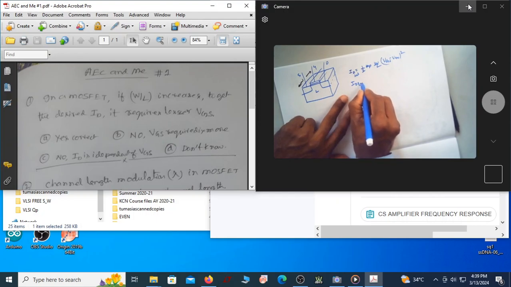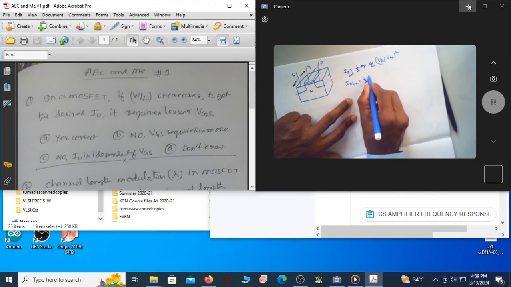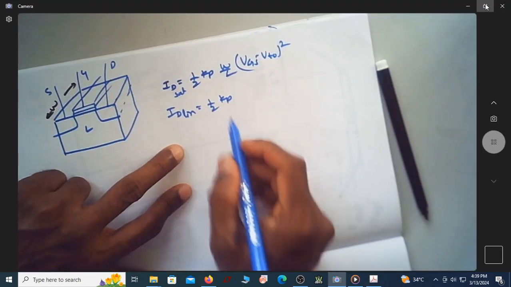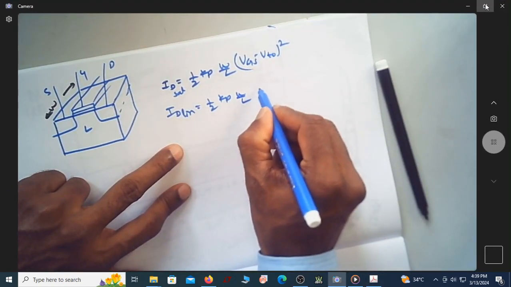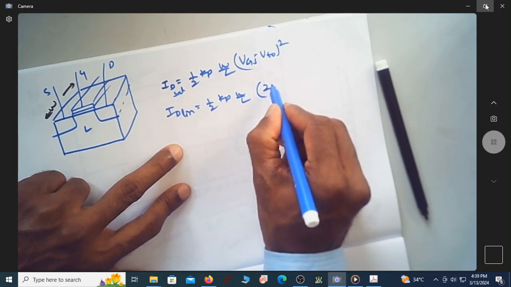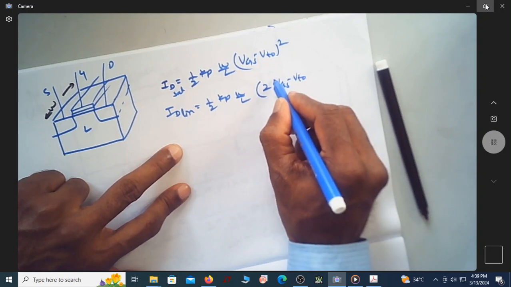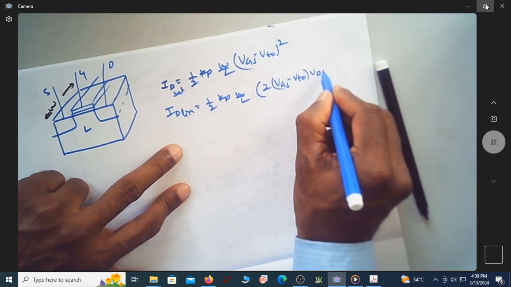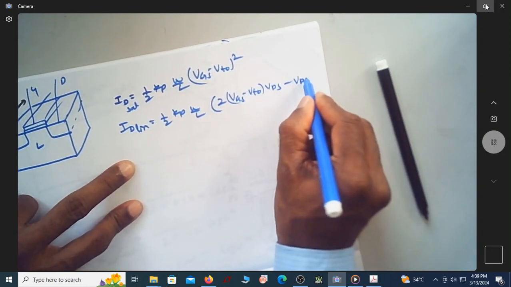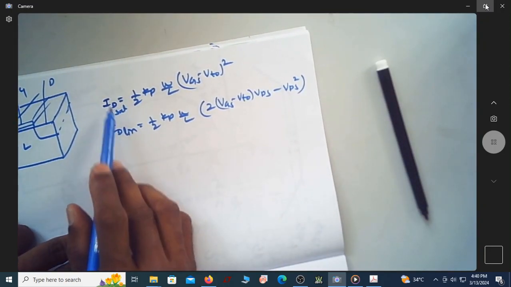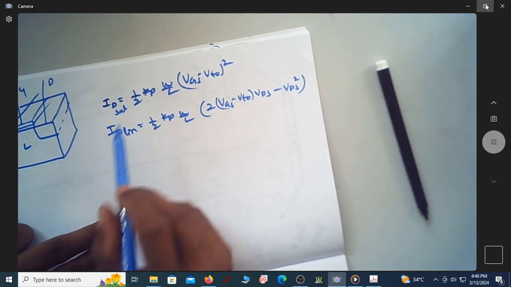When it is in the linear region, it is given by half Kp W by L into [2 (VGS minus VTO) VDS minus VDS square]. So this is the expression for the drain current in the linear region.